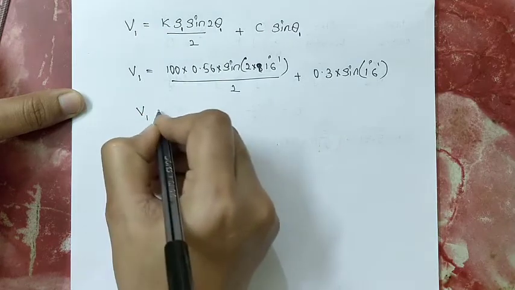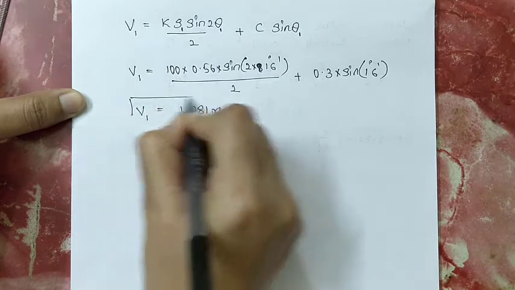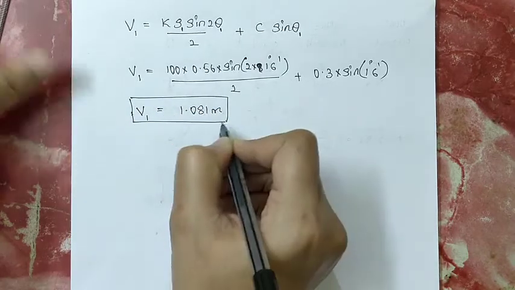Upon simplification you will get V1 as 1.081 meter. This is the vertical component V1.